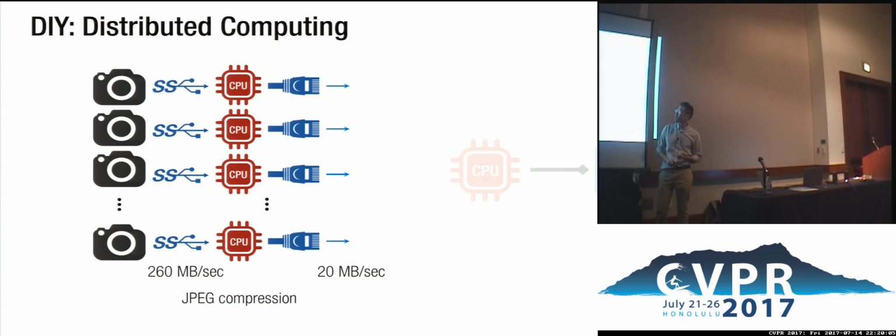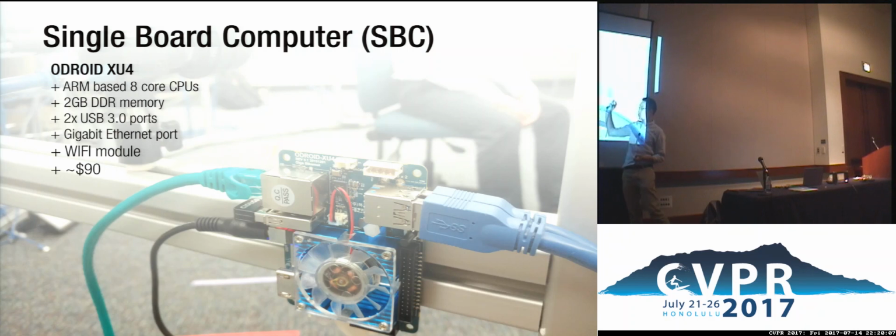This is the physical realization of this PC, where we use a single board computer that is capable of handling two cameras on two USBs, and it is strong enough to do the image processing and compress the data.